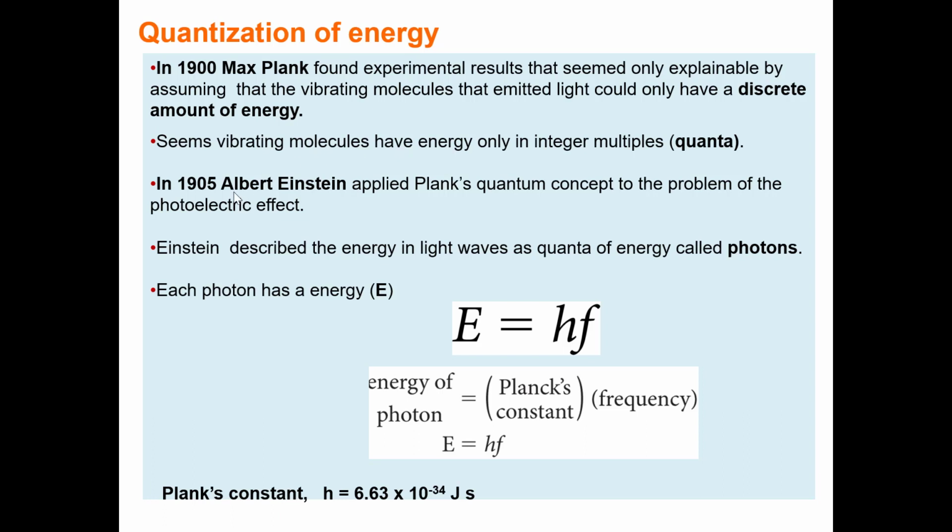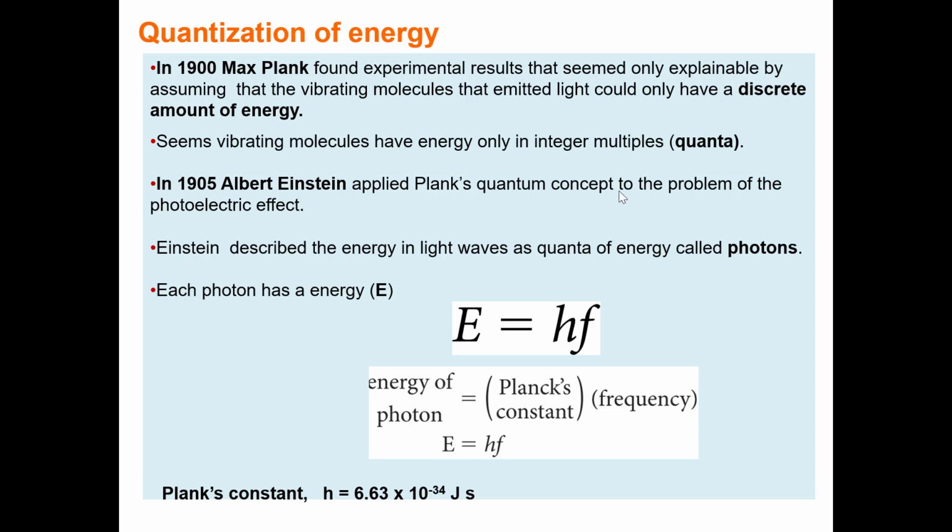But the scientist who explained this phenomenon using a mathematical relation was Albert Einstein. He applied the quantum concept: only some particular values of energy are allowed for that particular wave.